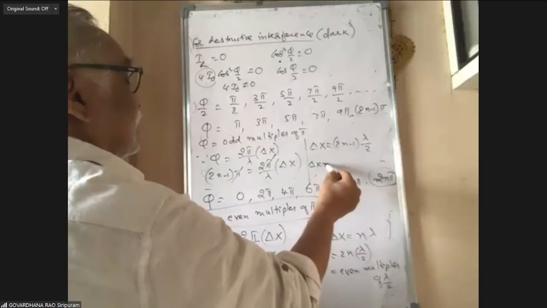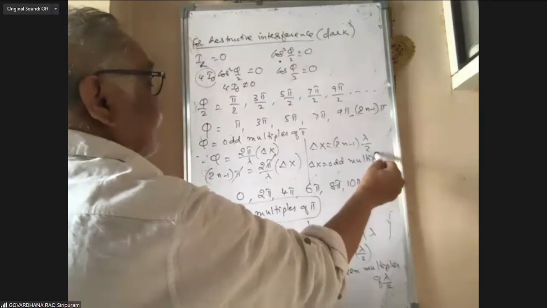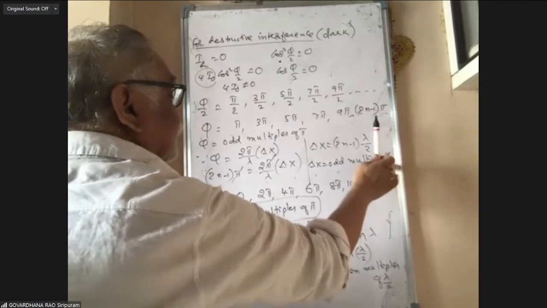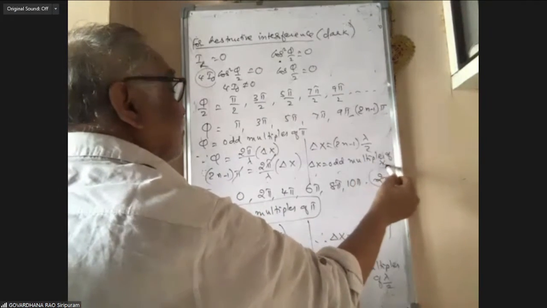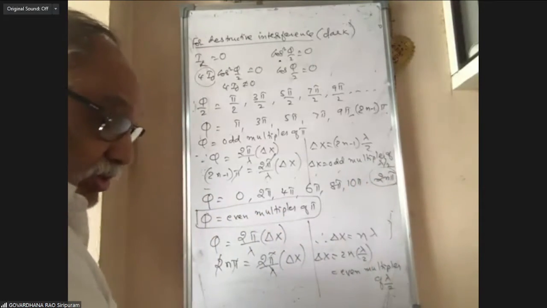That is, delta x is odd multiples of lambda by 2.